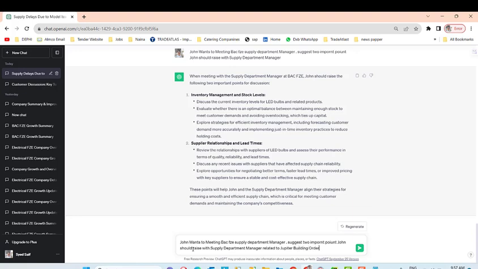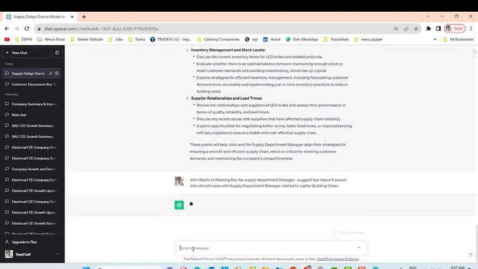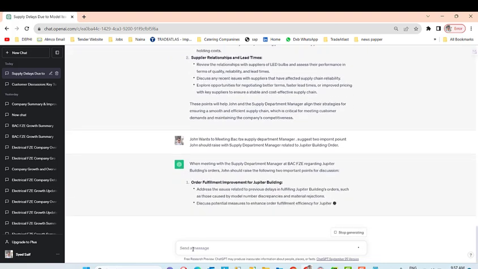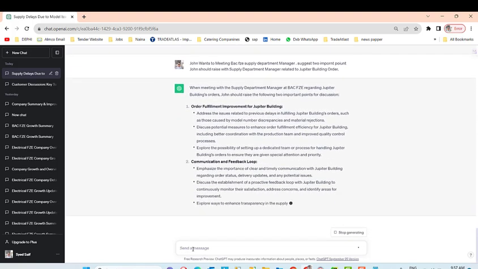Because the moment you leave things open, since it's based on natural language, it will go and correct everything. So now we are restricting. No, we want our meeting to be specific only to Jupiter building, so focus on this one.